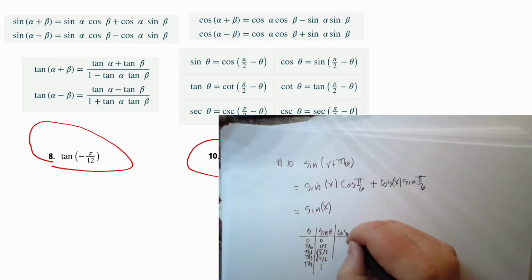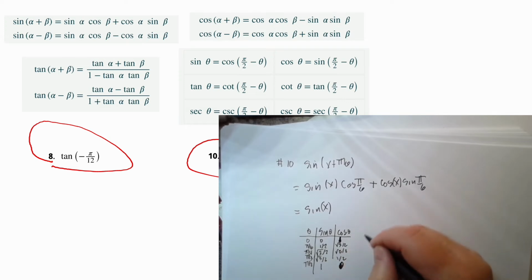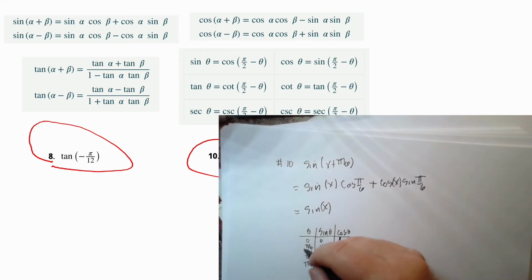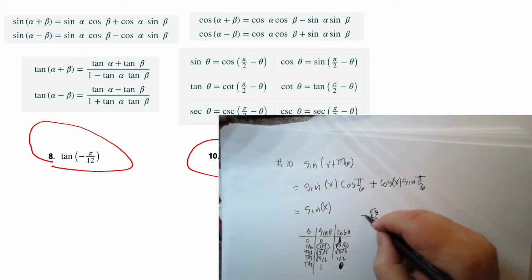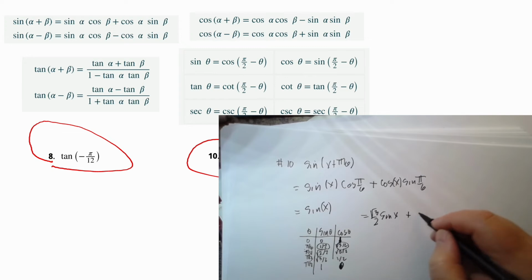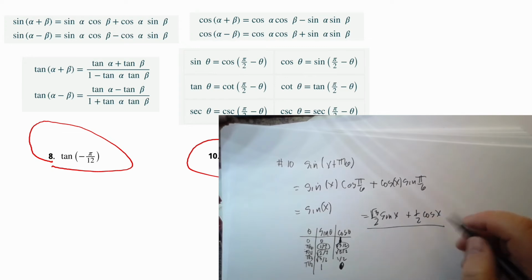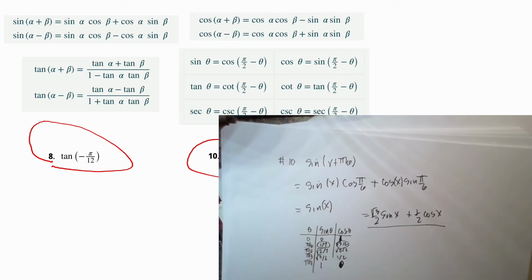And you get that. Cosine, write these backwards because you have the 90-degree rule. So now just pi over 6, that's all we really look for, what the cosine and the sine are. Sine is 1/2, cosine square root of 3 over 2. So this is square root of 3 over 2 sine of x plus 1/2 cosine x. And we have it broken up into sines and cosines.